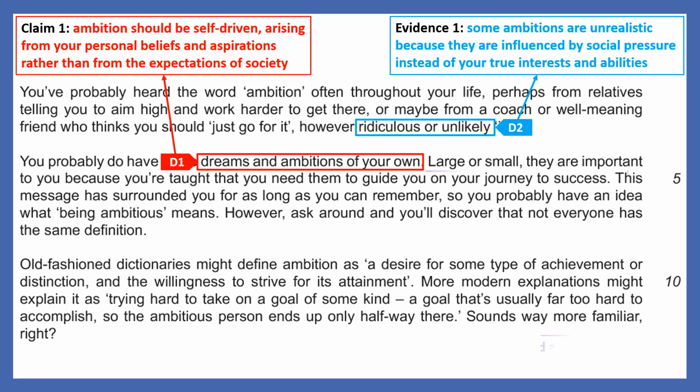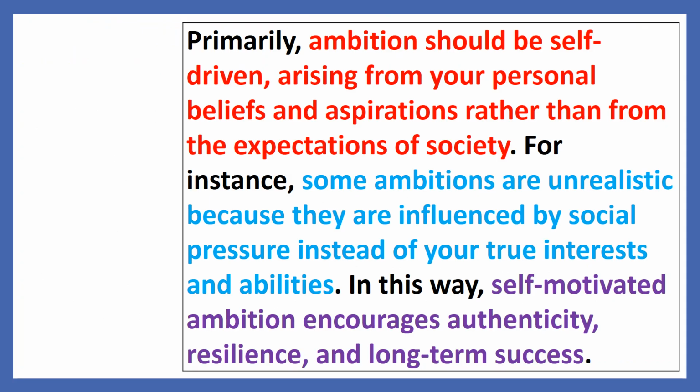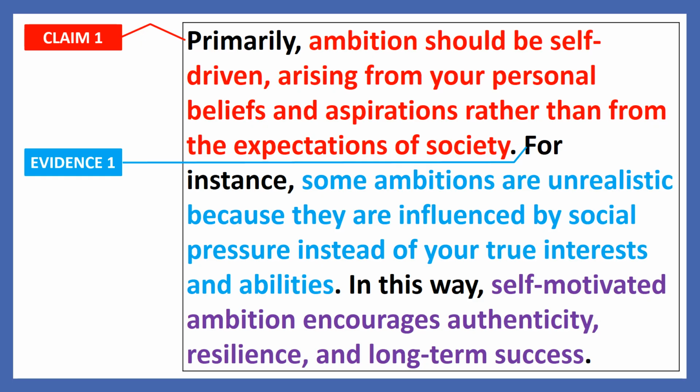Detail 3 can be developed into result 1. The final draft of your first body paragraph should be structured as follows. A clear claim explaining why ambition matters, clear evidence to support your claim, a clear result showing how your claim and evidence can lead to a particular outcome.